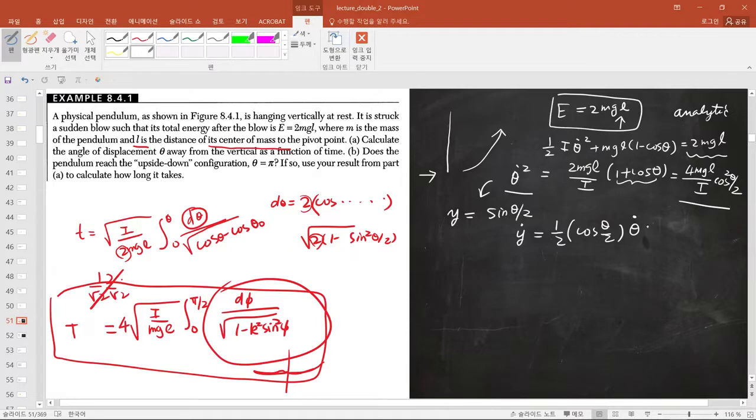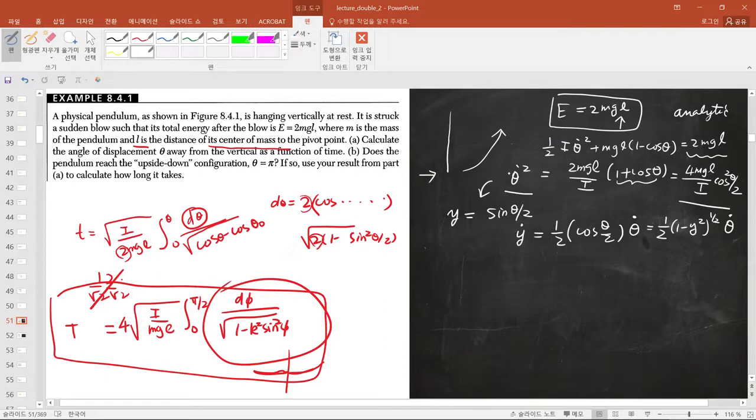And that is equal to what? 1/2 times (1 minus y squared)^(1/2) times theta dot. Y dot is this one.